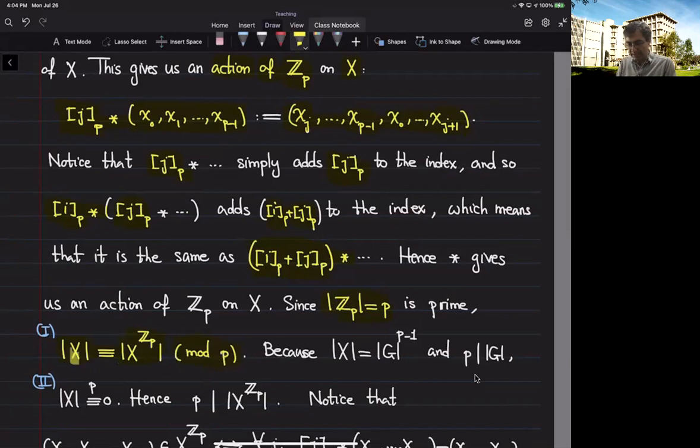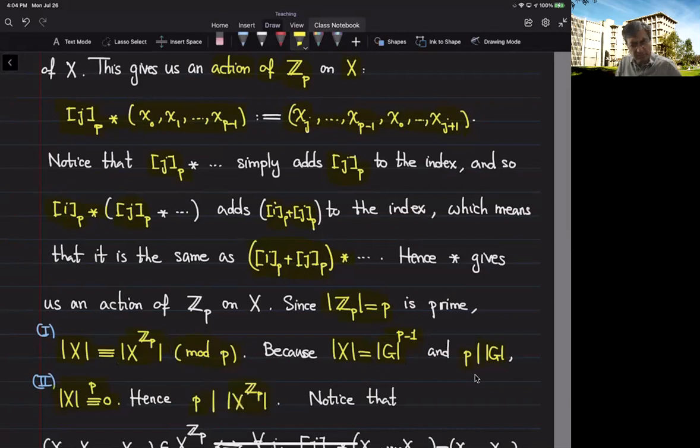Now, remember, the cardinality of X is the cardinality of G raised to the power p minus 1. And because p divides the cardinality of G, p divides the cardinality of X. So this side is simply 0 mod p. Therefore, this side is a multiple of p. So p divides the number of fixed points of Z sub p.